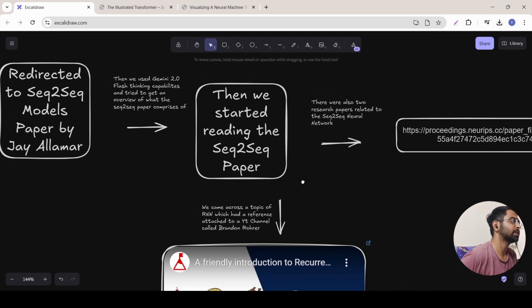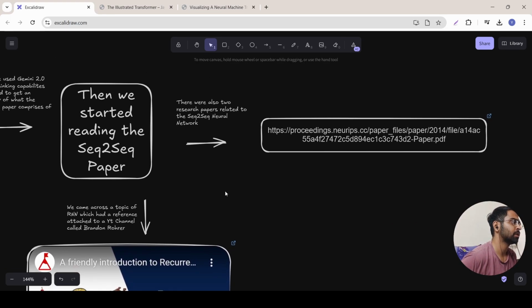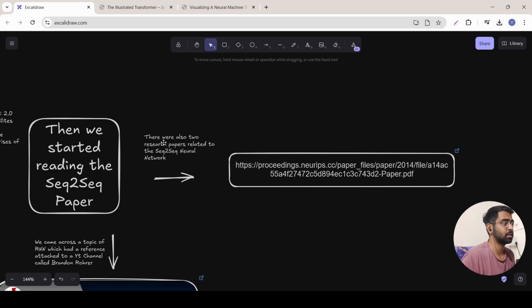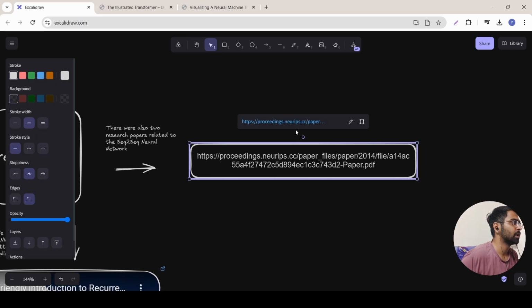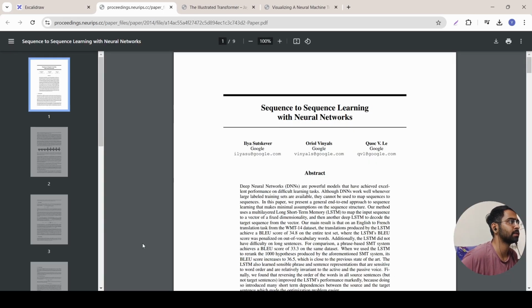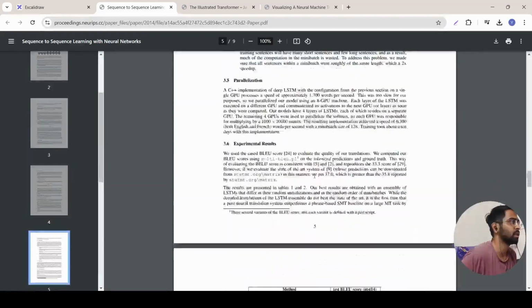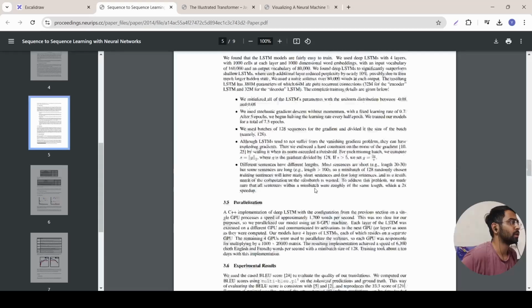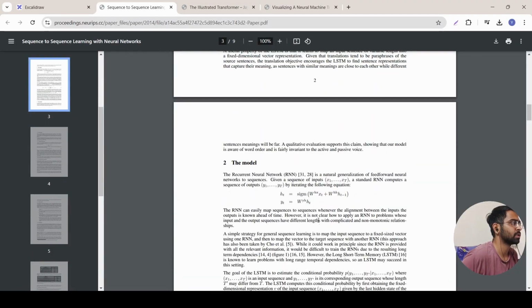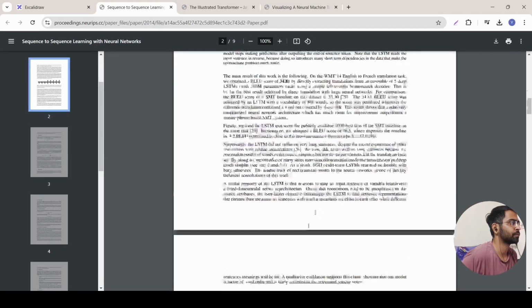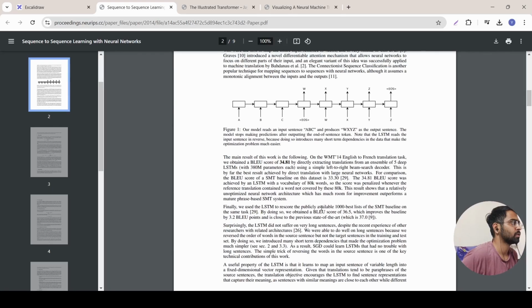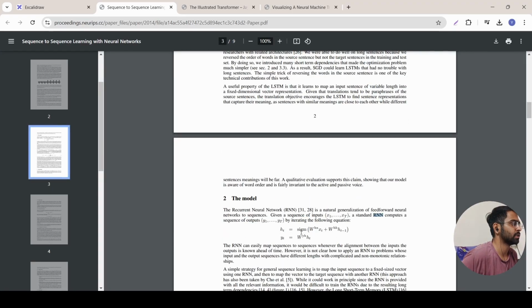So then we further started reading the sequence to sequence paper. There were two research paper links here. One is the actual research paper that was released in 2014 about what sequence to sequence is and what it is for, what's the actual thing being done. I see some words like RNN, sigmoid.